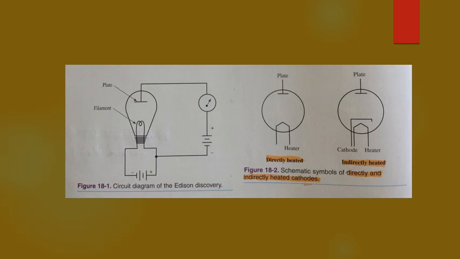To lower the working temperatures and power usage, the thoriated tungsten emitter was developed. It consisted of a thin layer of thorium placed on the tungsten emitter.